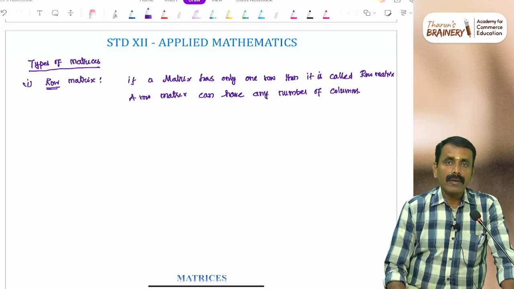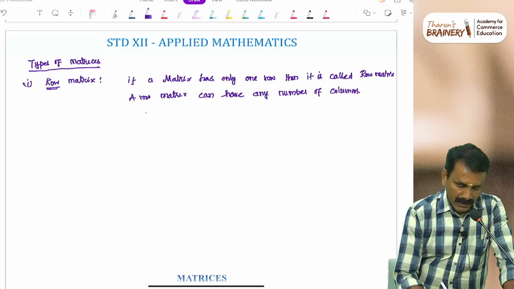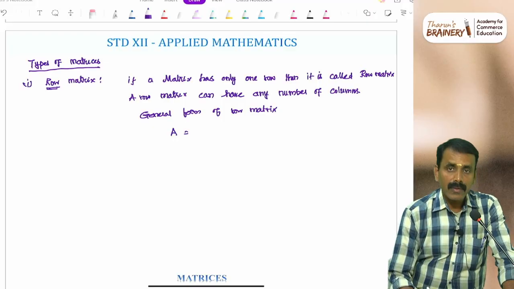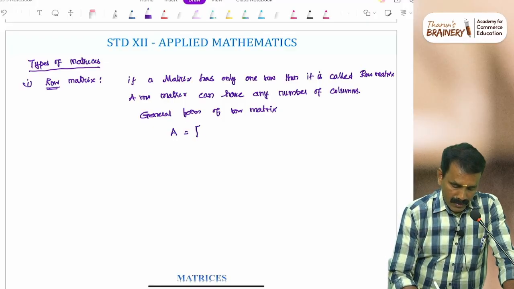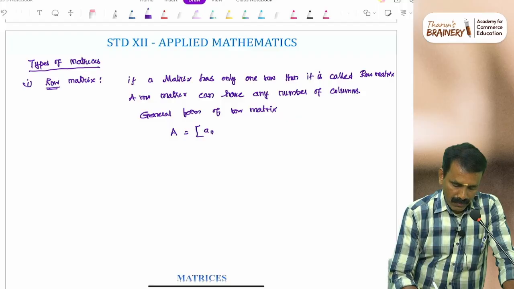Now, what is the general form of a row matrix? The general form of a row matrix will be A is equal to [a11, a12, a13, ..., a1n]. It has only one row.